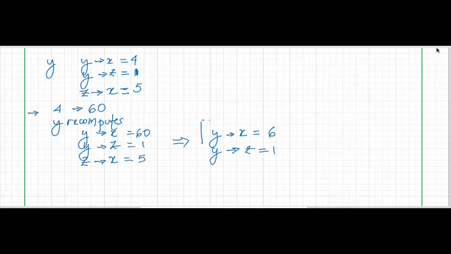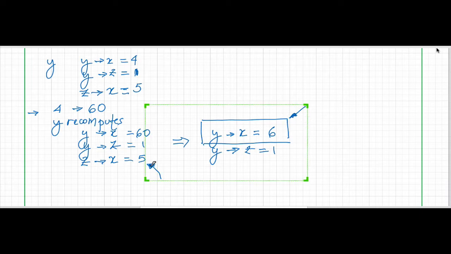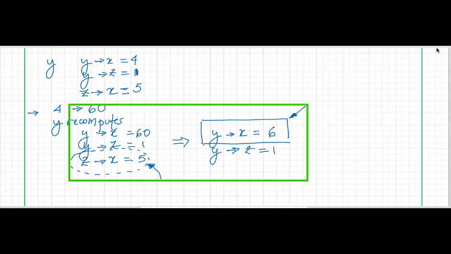Obviously here we have a problem, because this is false information. It's based on the fact that before the change, Z told us that it can reach X at a cost of 5, which was correct before, but is not correct anymore.